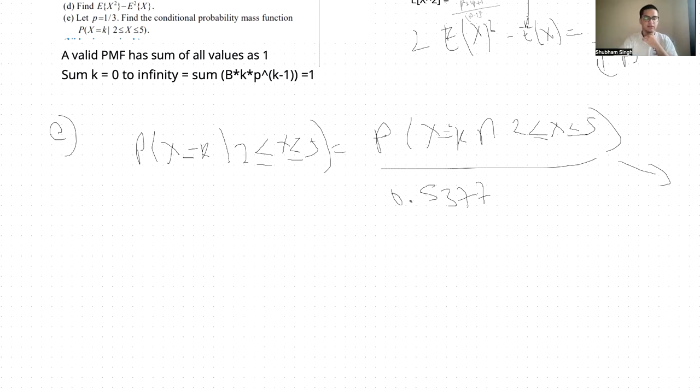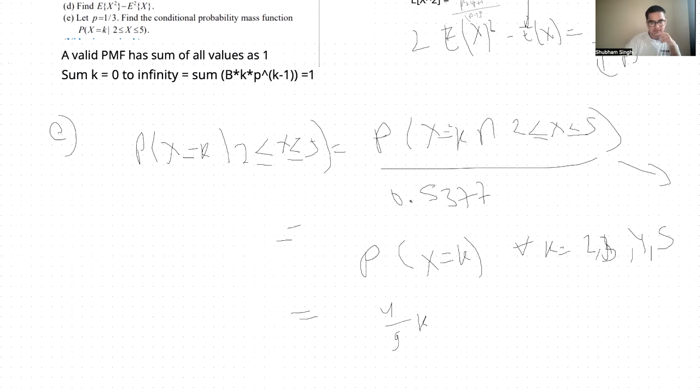So we can write the probability of x equal to k, given, for all k equal to 2, 3, 4, 5. And this can again be written by this formula, and we have all the values, so we'll skip the calculation there. Again for all values k equal to 2, 3, 4, and 5.